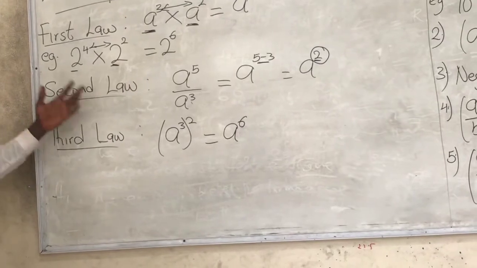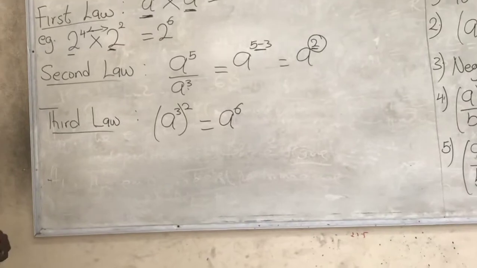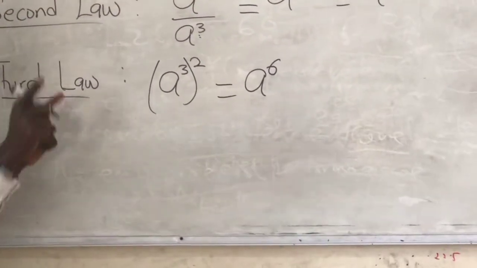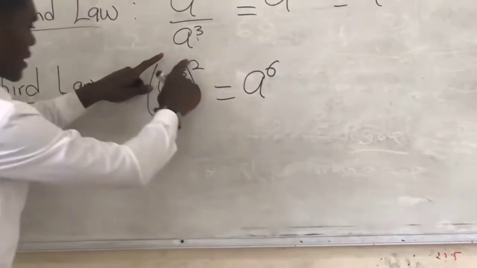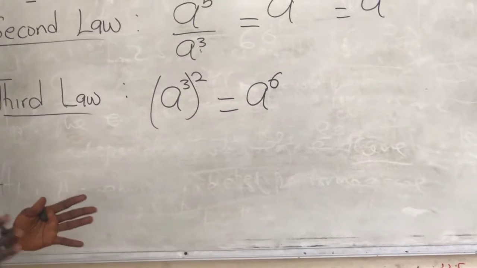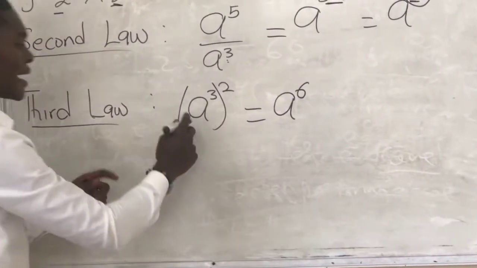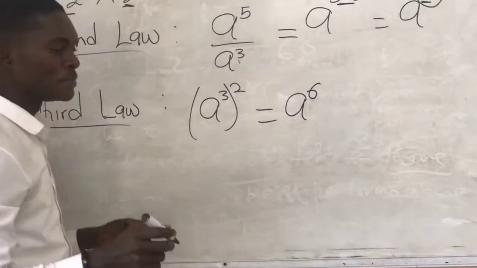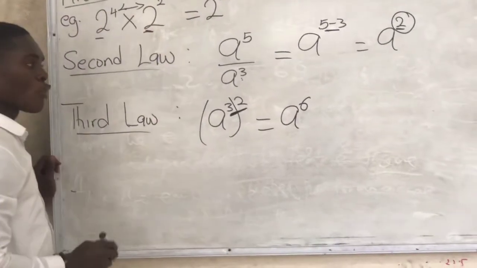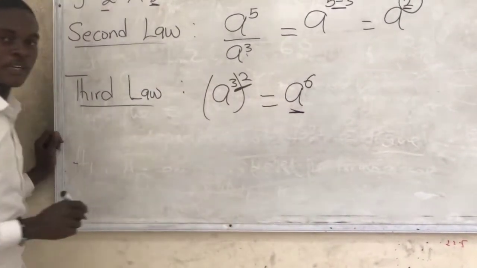We are finished with the second law, and the third law says A exponent 3 all squared. The all squared we see here won't confuse us when we know what we are doing. It means that for A exponent 3 all squared, these 2 exponents are multiplying. That's why we get A exponent 6.